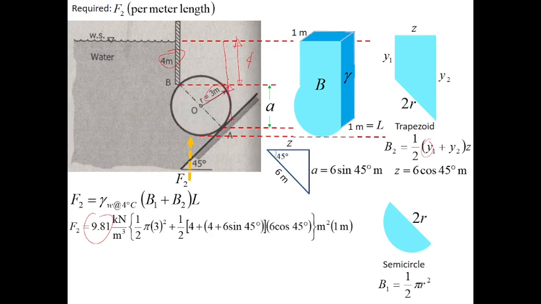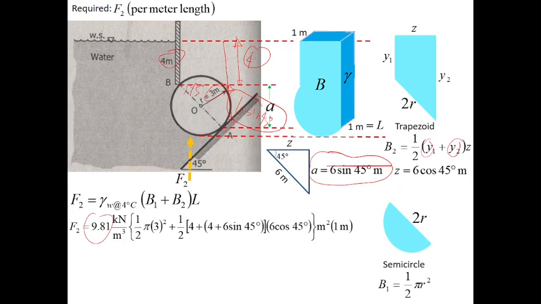Ano yung haba na to? 4 plus, this is 6, ito yung 45. 6 sine 45 degrees. So, 4 plus 6 sine 45 degrees. Diba ito yan? Ayan. No? Yun ang Y2. Okay, yun ang Y2.